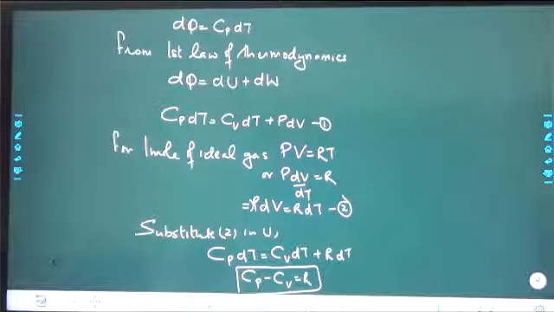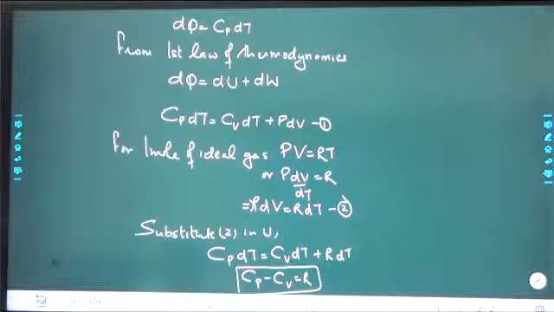Next is the isothermal process and work done in the isothermal process.